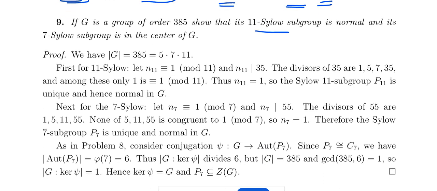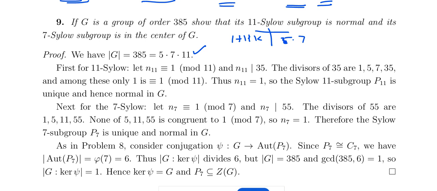Now, G is a group of order 385, so that its 11 Sylow subgroup is normal. That is a very simple idea. 385 is 5 times 7 times 11. So 1 plus 11k divides the order of G, that is 385, which means 5 times 7. So k equal to 0 is true.